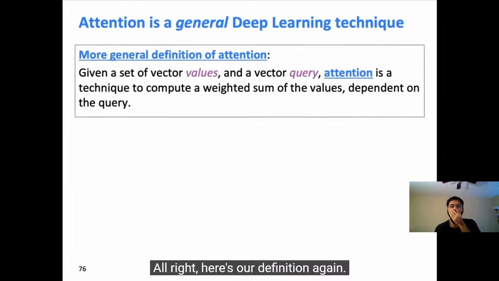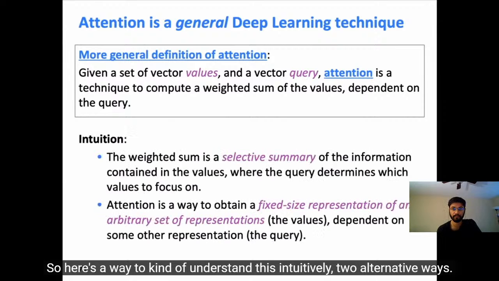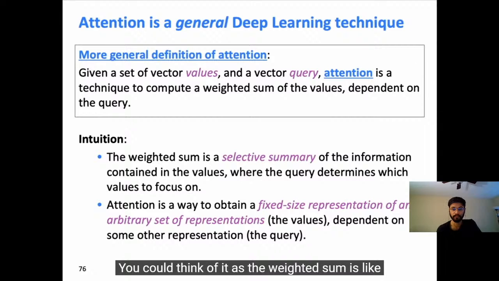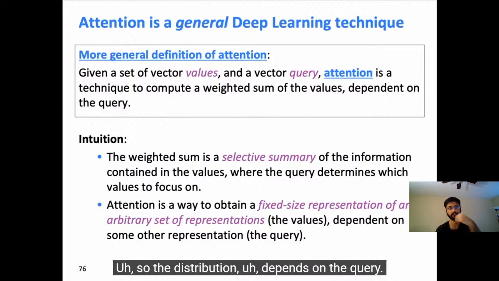All right, here's that definition again. So here's a way to understand this intuitively, two alternative ways. One is to think of the weighted sum as a selective summary of the information in the values. And I say selective because your choice of how much you choose to draw from each value depends on the attention distribution. So the distribution depends on the query.